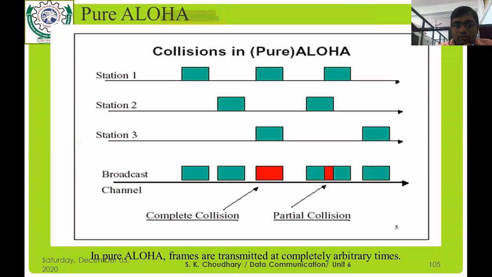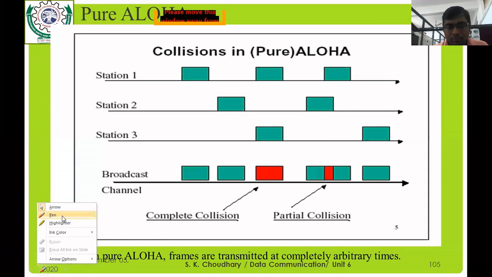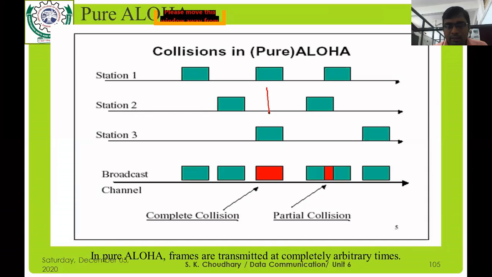But when we observe the broadcast channel, up to the second frame there is no collision, but here when station 1 and station 3 frames are sent at the same time, a collision occurs, meaning there is a wastage of frames and a wastage of time also. Similarly here there is a partial collision, which again is responsible for the wastage of the frame.